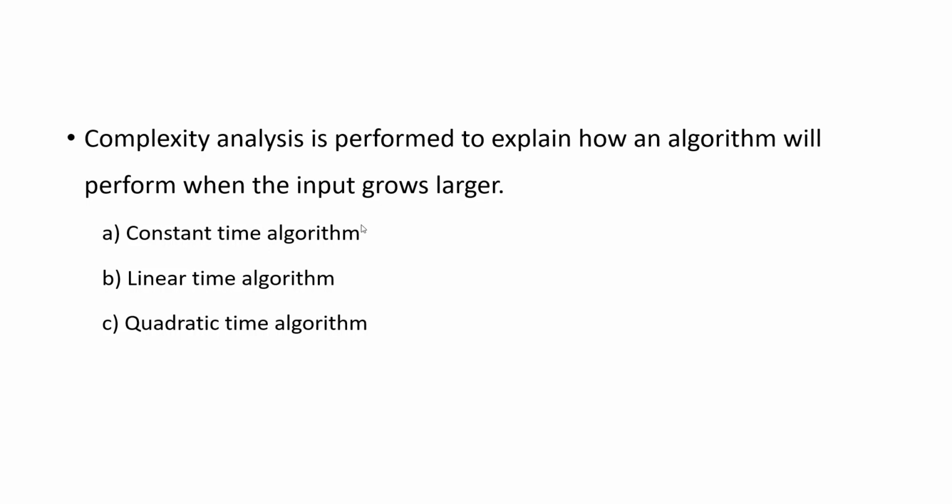That means for 5 values or 100 values or 250 values, what will be the time complexity? There are three different time complexities discussed in this chapter: constant time algorithm, linear time algorithm, and quadratic time algorithm. Please concentrate on this particular topic also.